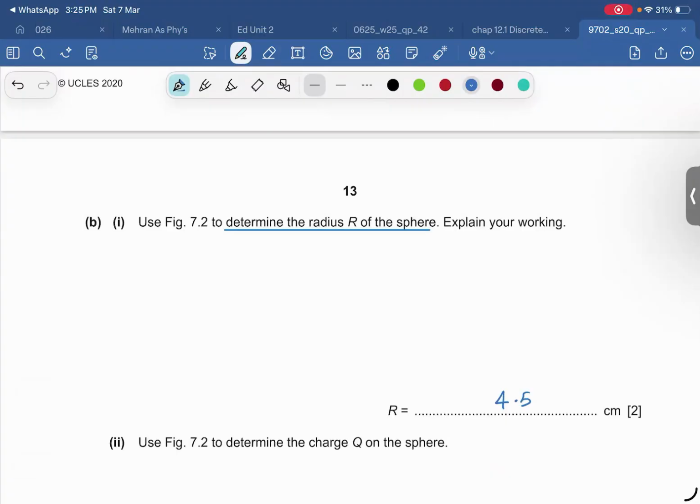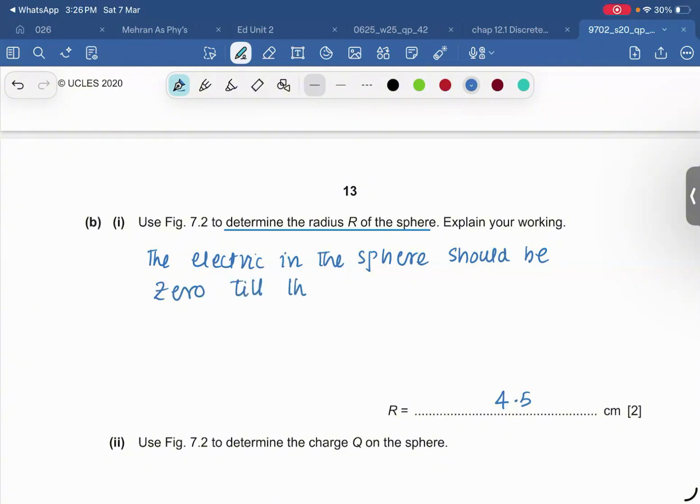They're saying explain your working, so you have to say the electric field inside the conducting sphere should be zero till the surface. This is the explanation, and then you can write the answer directly.